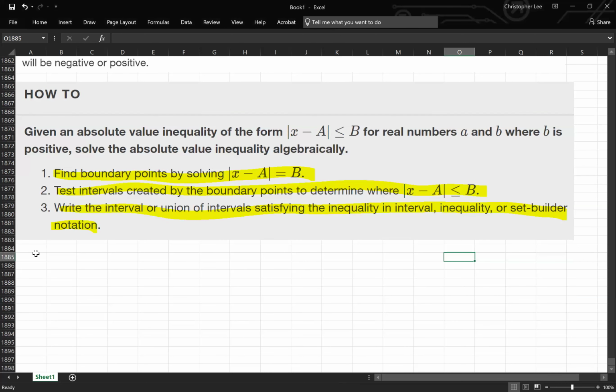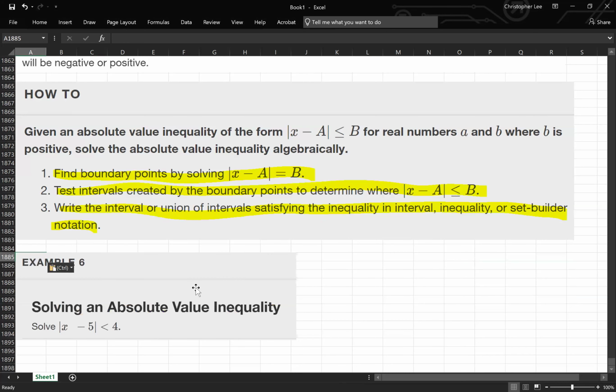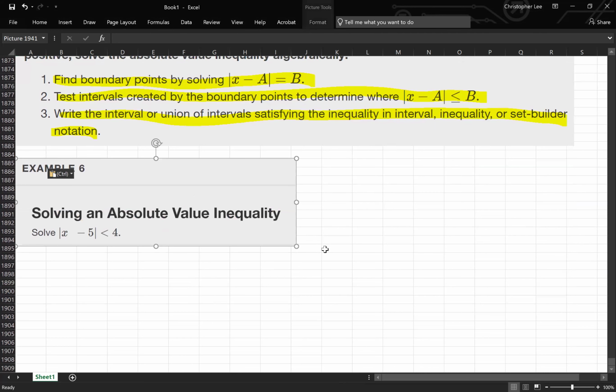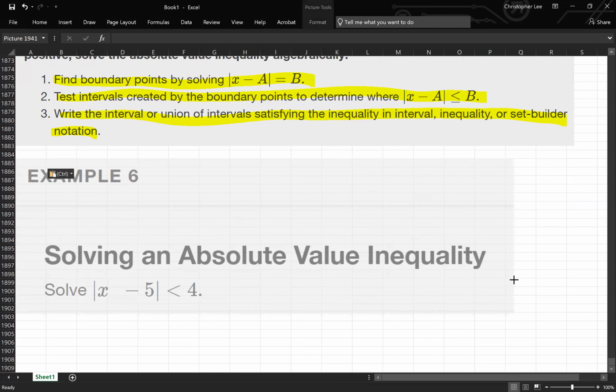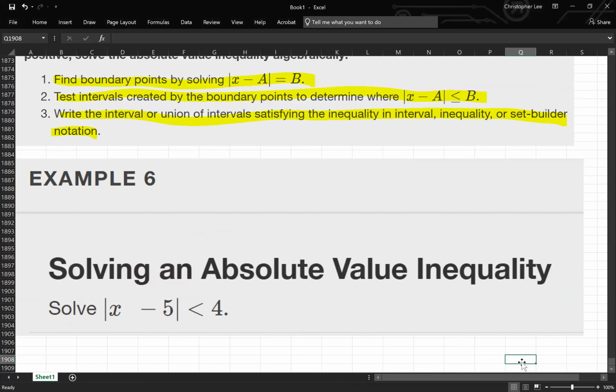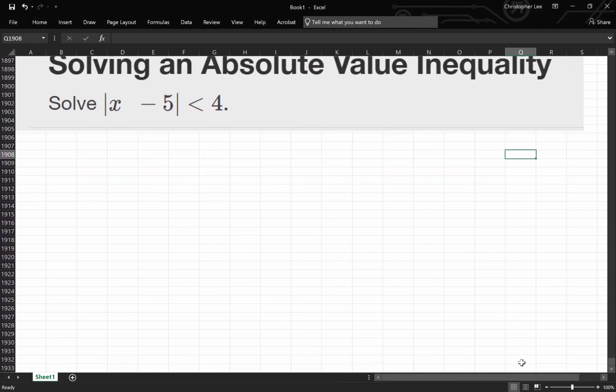Let's take a look at one example just to see how we're going to write our answers. Solving an absolute value inequality: we want to solve the absolute value of x minus 5 is less than 4. Remember, there are two situations going on here.